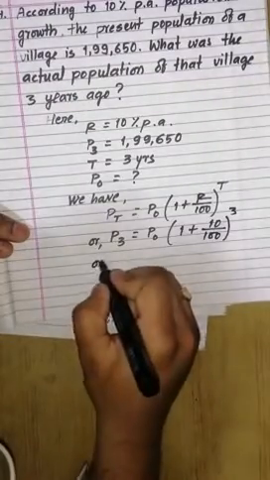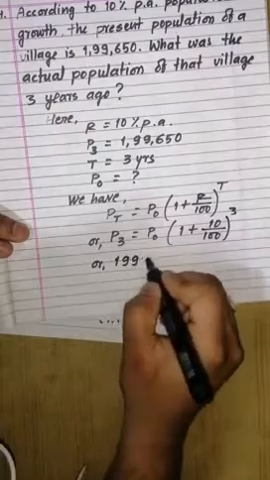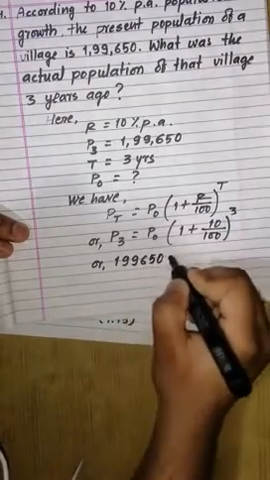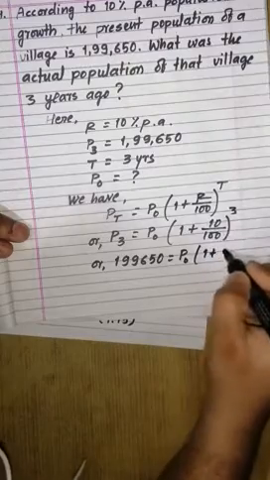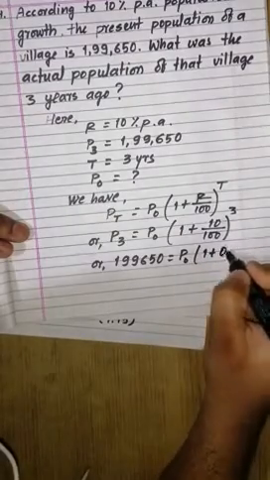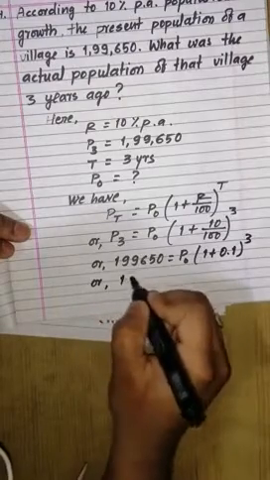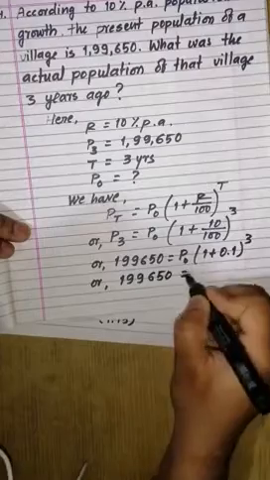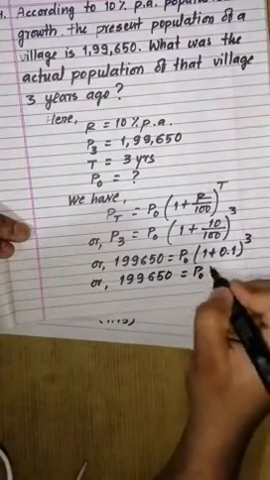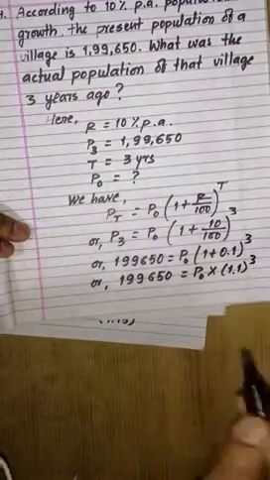I think you are quite clear till now. P3 we have 1,99,650 equals P0 times (1 plus 10 by 100, which is 0.1) to the power 3, or 1,99,650 equals P0 times 1.1 to the power 3.